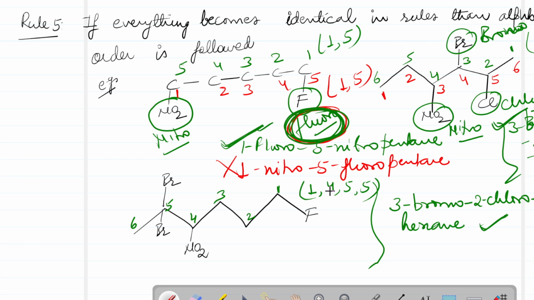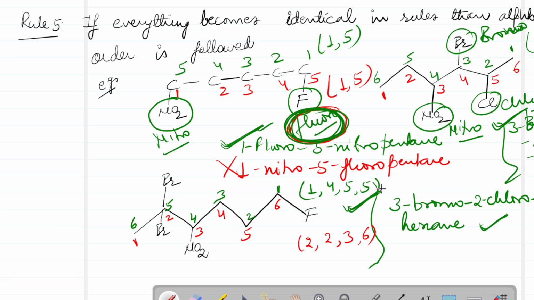It is the set of locants. Now another possible way to number the carbons of the principal chain: it is 2, 2, at the second position there is bromo, bromo. So it is 2, 2, 3, 6. So it is the correct way of numbering the principal carbon chain.